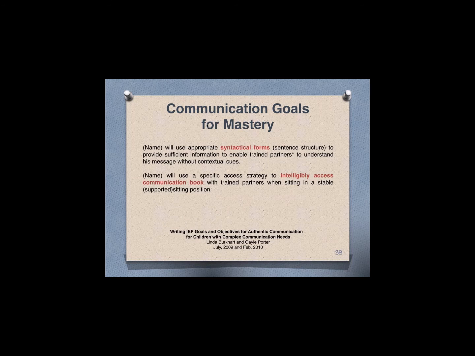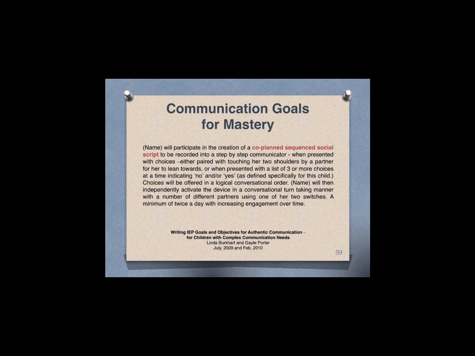We'll see more appropriate grammar and syntax, and we'll see the student really mastering whatever they physically need to do to be able to use their communication system. So we've got a variety of good goals here, but these are all goals for our most sophisticated communicators.